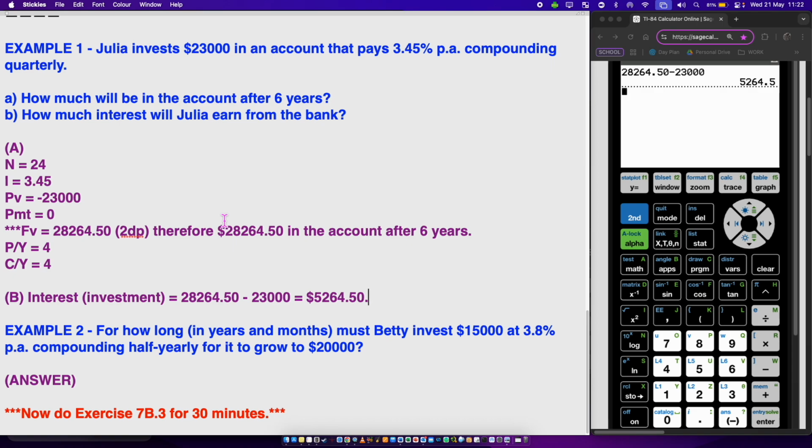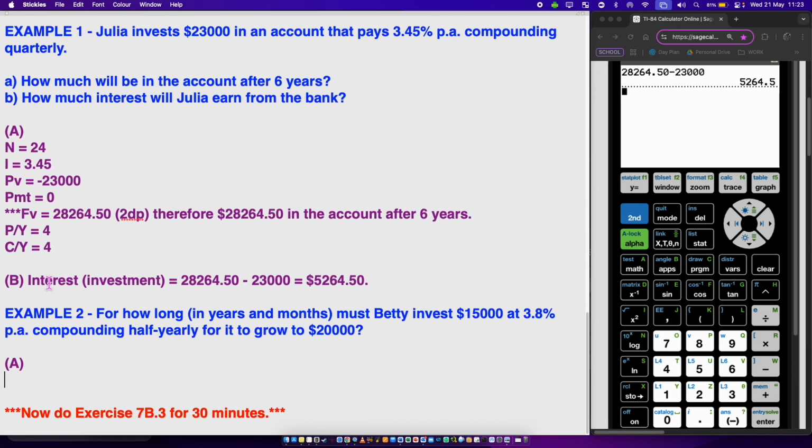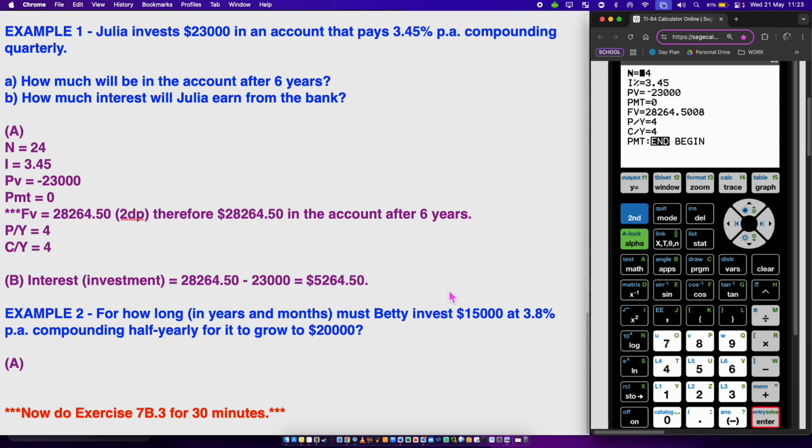Just want to try example 2 before I shut my mouth finally. If you have a look at example 2, what is it asking me to find?